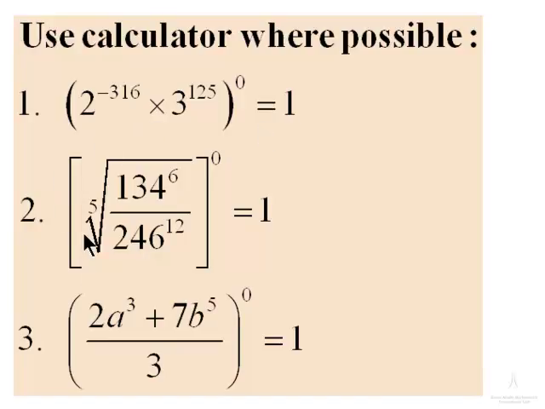Here again, in the square brackets, we have quite a complicated number raised to the power 0. It must be 1. Here we have some algebraic expression, but because we raise it to the power 0, the answer will be 1.